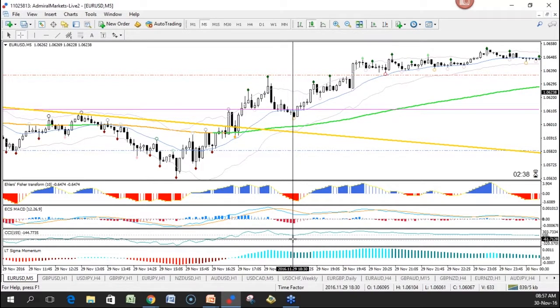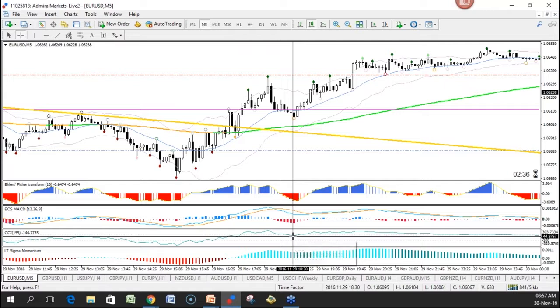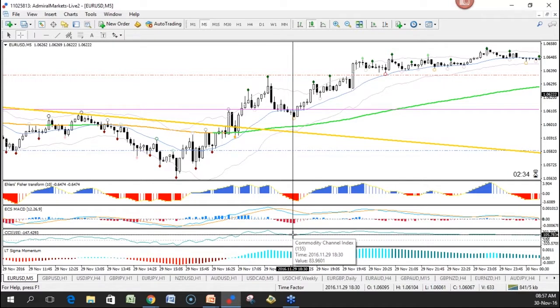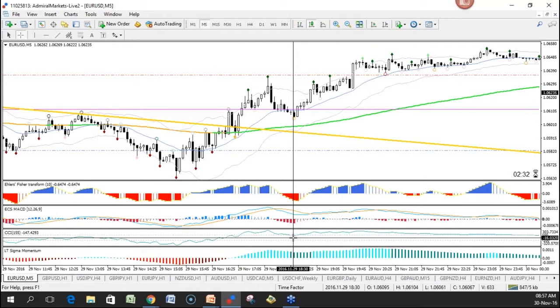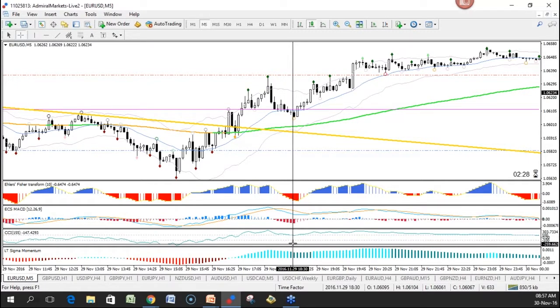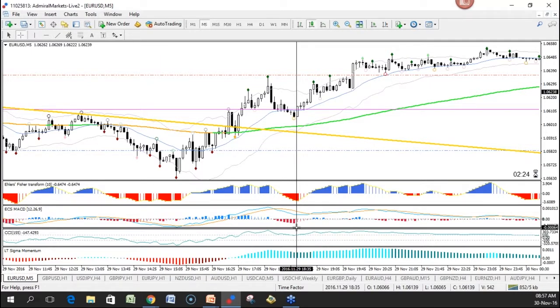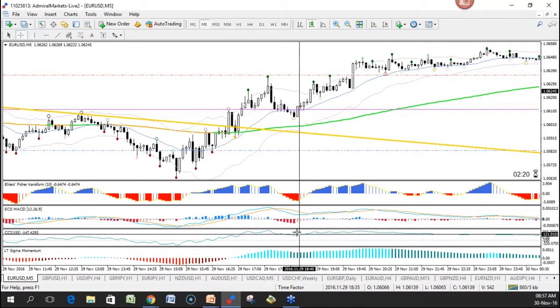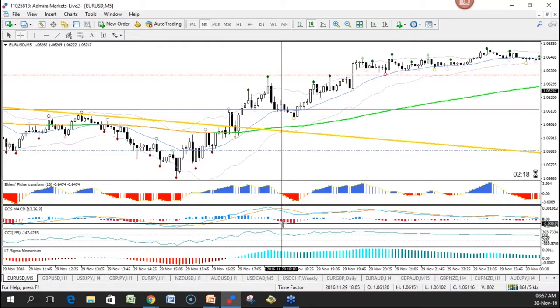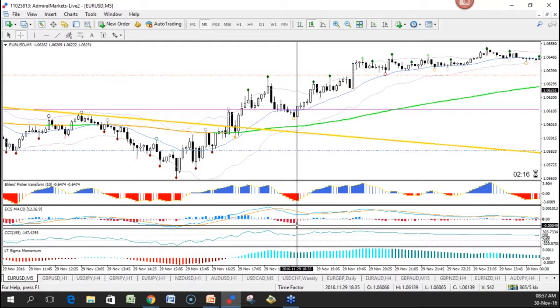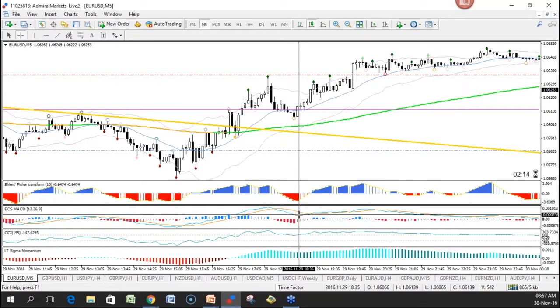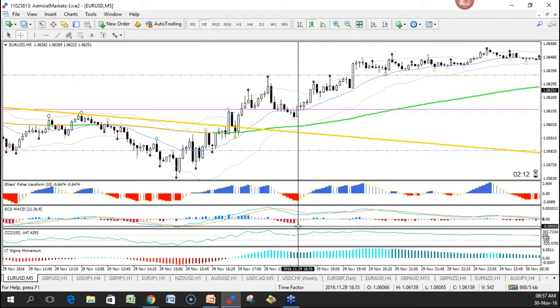The CCI I think is fine. It's basically stopping at 100, so it's not crossing below it. 100 is a key level, but it's also a 5-minute chart, so I think CCI may be less important there. The MACD, as you can see here, has thick red, but as soon as it loses its thickness, the two lines are still above the zero line, and the thickness goes into thinness.